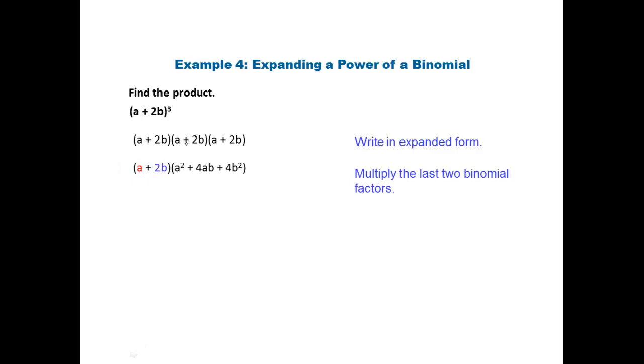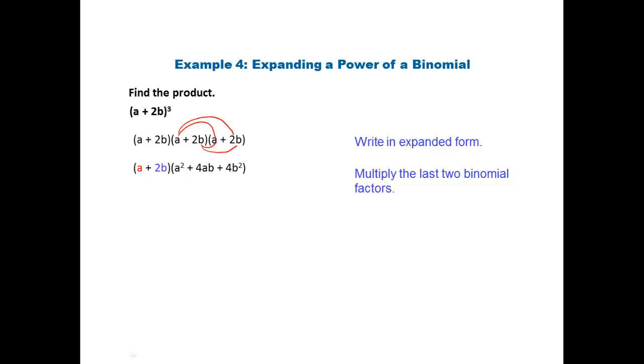Okay, so if we multiplied a and a, it's where we got our a squared. A times 2b, a times 2b here, and 4b squared.